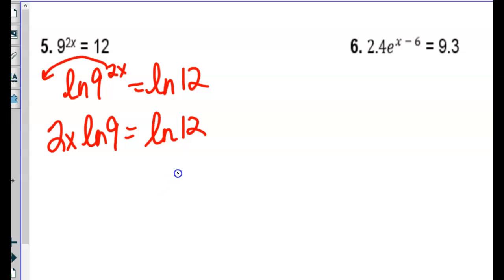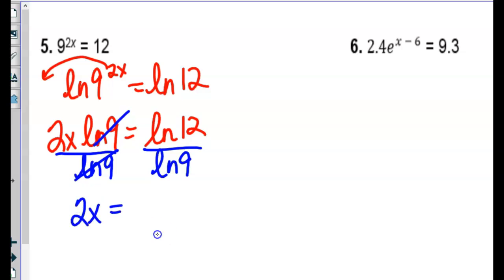And then what? Yeah, I gotta divide. And then eventually I gotta divide by 2. Whatever crazy business I got from that.